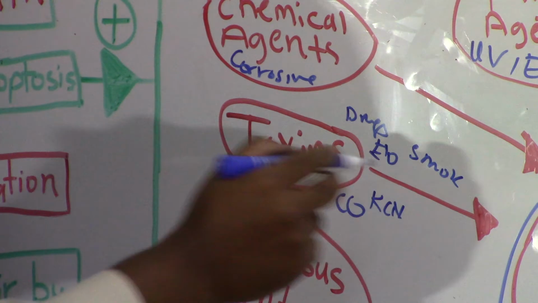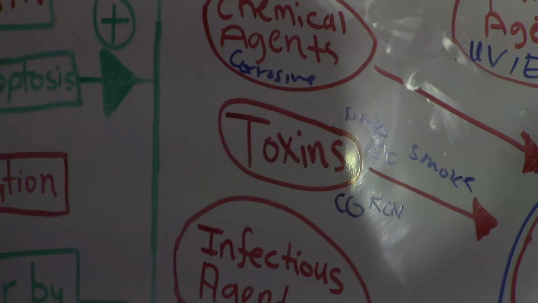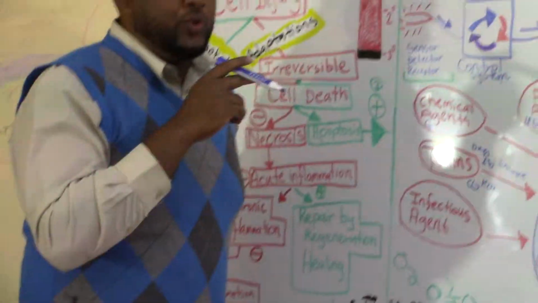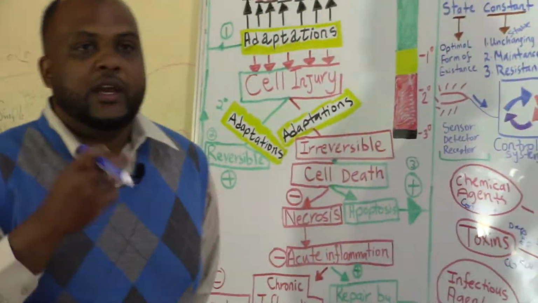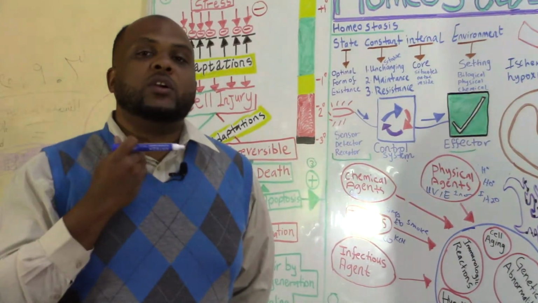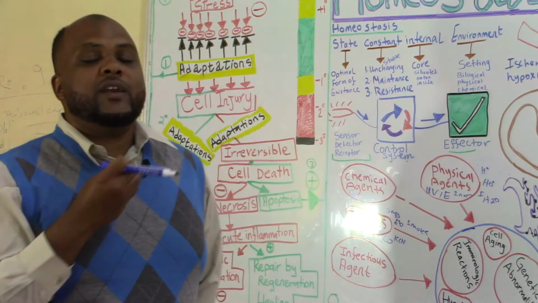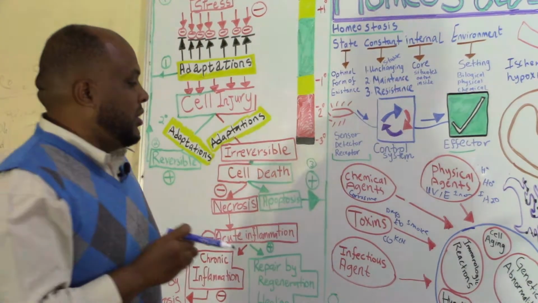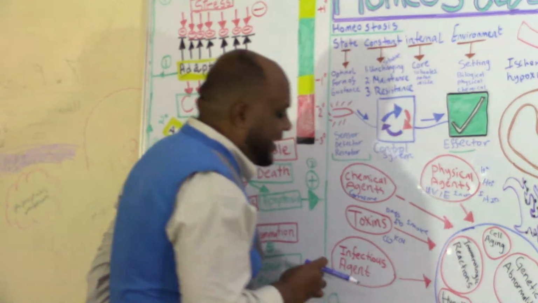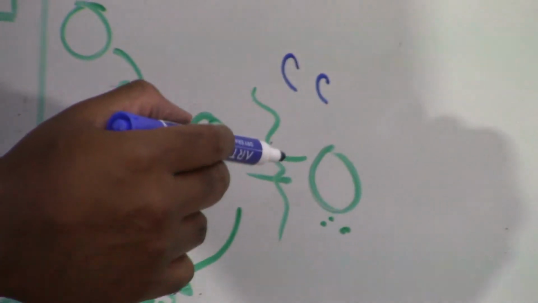So cigarette smoking, what does it do? In the case of someone who's smoking a cigarette, this smoke will start reacting in the larynx. So the larynx is full of cells known as ciliated columnar epithelial cells.